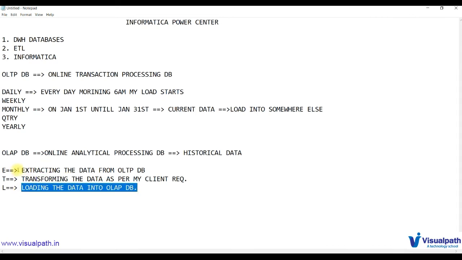Here I can easily understand what E and L are, but what do you mean by transformation? Let me explain with a small example. In general, when you go to register yourself on any shopping site like Amazon or Flipkart, no site restricts you to write only in small letters or only in capital letters.